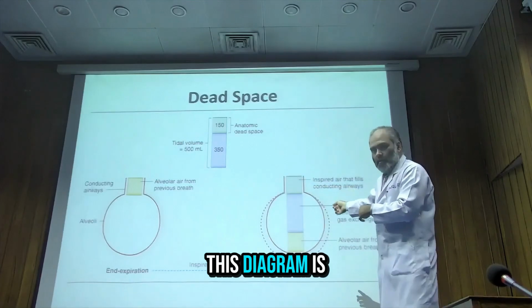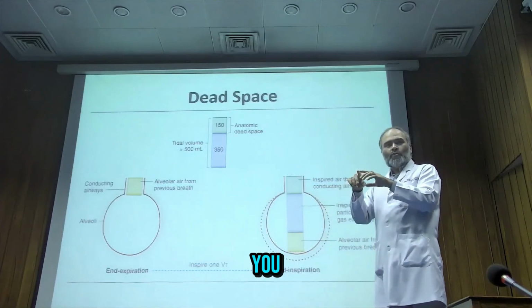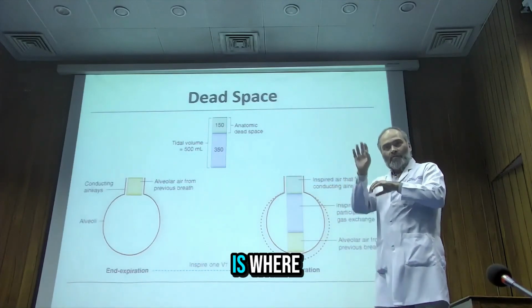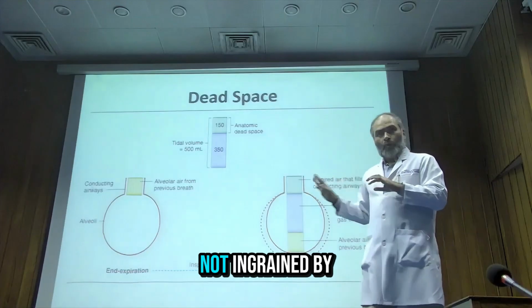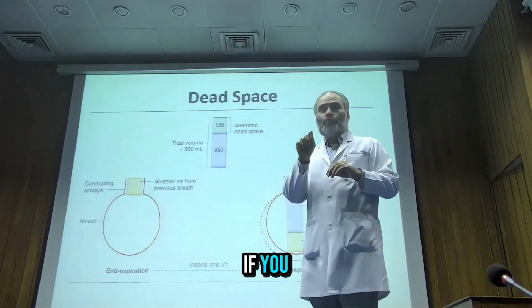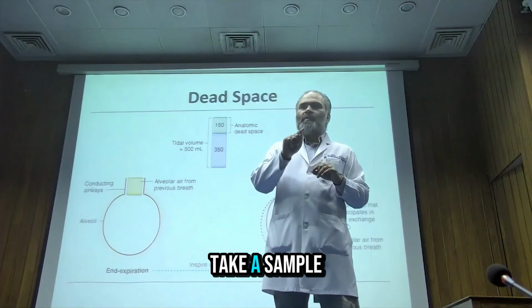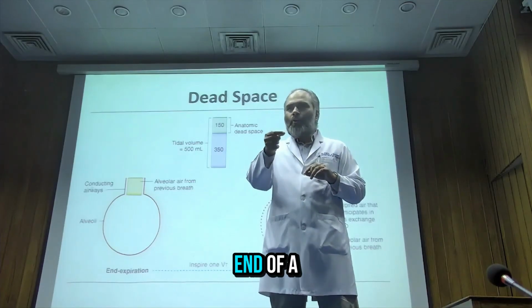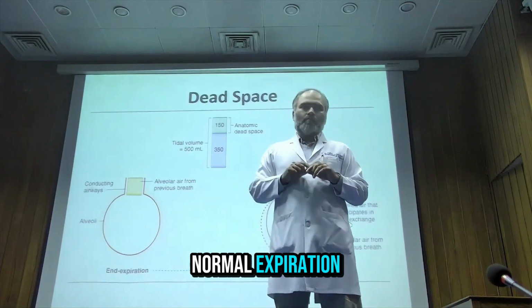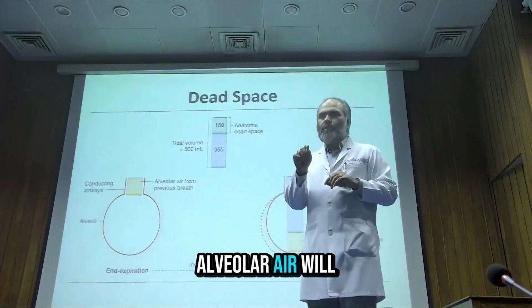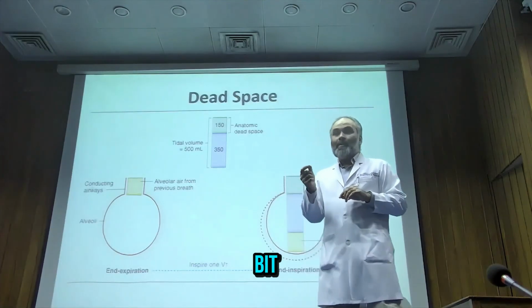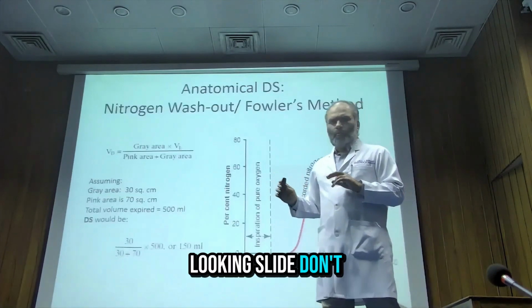This is why this diagram is actually very nice. It actually shows you in squares what is where and color codes it. It's very nice. Not in Guyton, by the way. So if you have to sample alveolar air, you would like to take a sample from the end of a normal expiration. That's where the alveolar air will be represented a bit. Looking slide, don't worry about it.